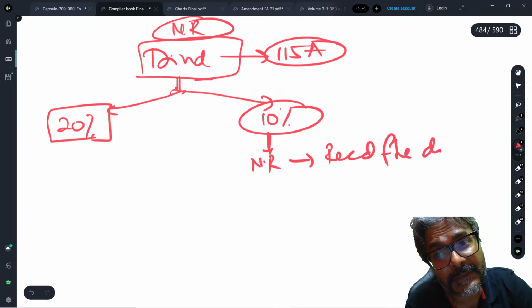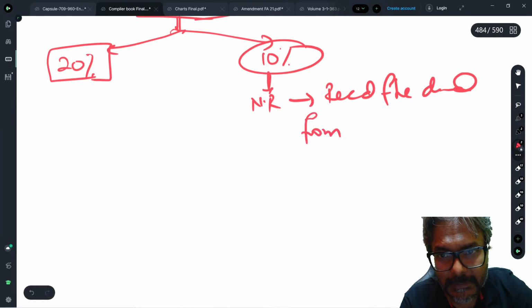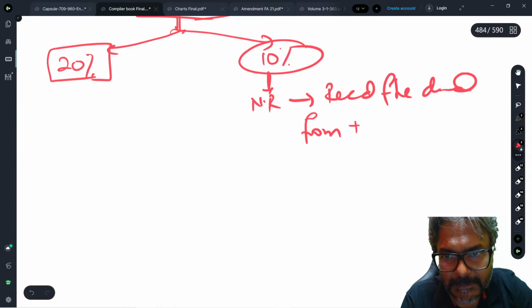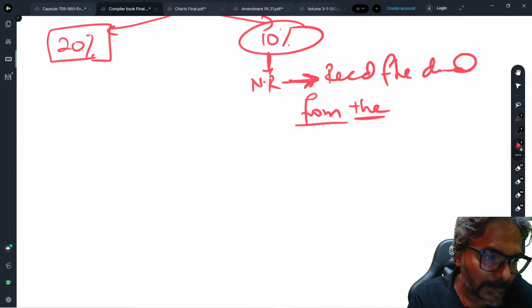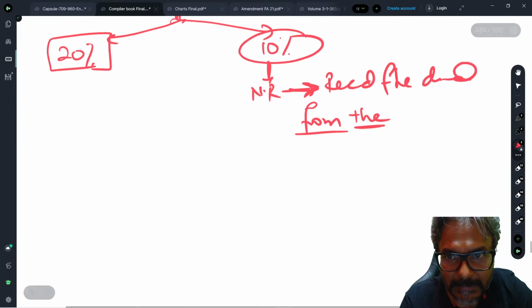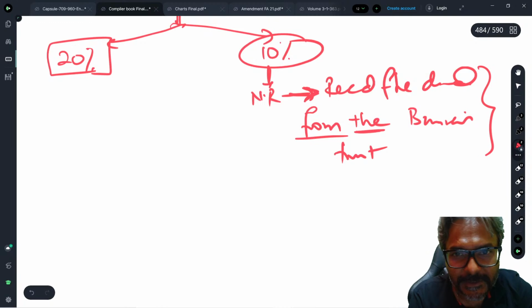Received a dividend from whom? Receive a dividend from the business trust.